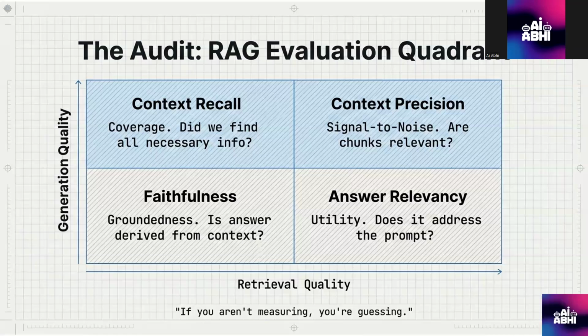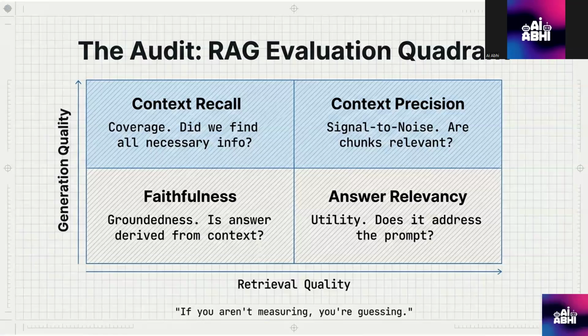Number 1 is context precision. Out of the chunks you retrieved, how many were actually relevant? If you retrieved 5 chunks and 3 were useful, your precision is 60%. Higher is better. This tells you whether your retrieval is returning junk or not.